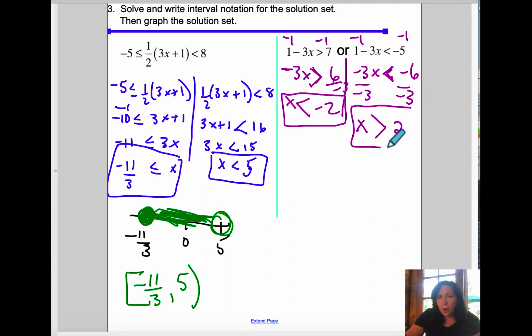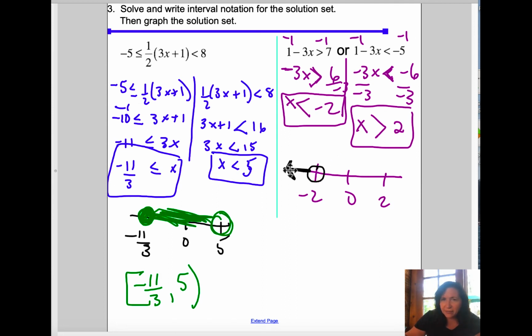So what we have here is, draw your line. I'm going to put 0. I've got a -2, and I've got a +2. Again, the 0 is just a personal preference. You don't have to put the 0 there if you don't want. That's up to you. So this side is saying x is less than -2. Open circle going to the left, less than.